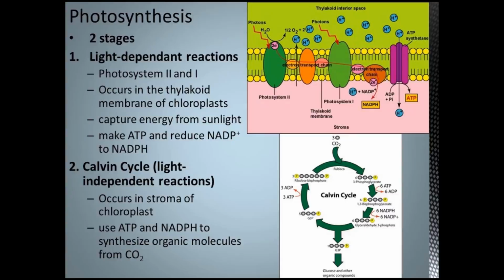The photosynthetic pigments absorb light energy and convert it into chemical energy, ATP and NADPH2. These products of the light reaction move out from the thylakoid to the stroma of the chloroplast.